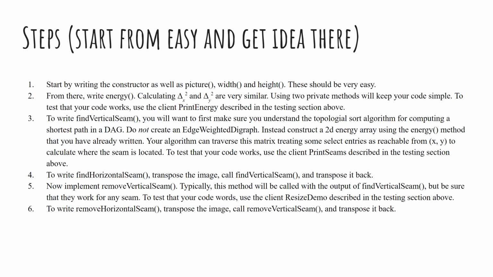Next we should be able to find the vertical seam and remove it. The hard part, definitely, is step 3, finding the horizontal seam and removing it. Also for this homework, it's hard but interesting to do the optimization. We'll talk a little bit about it later.